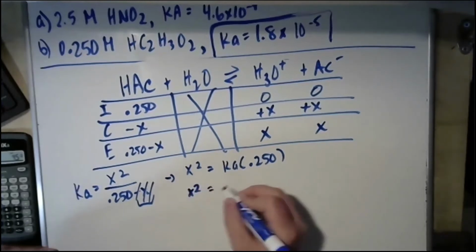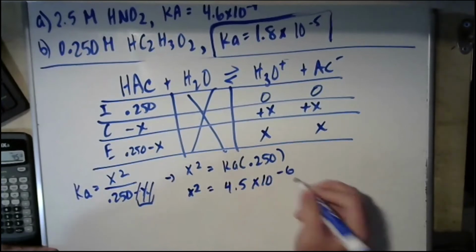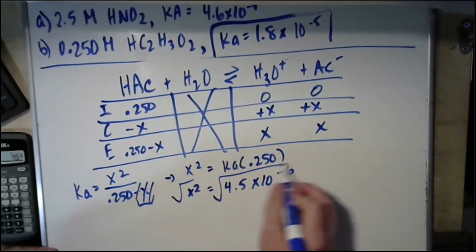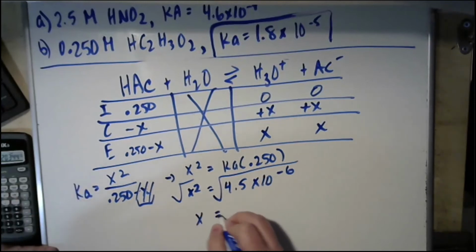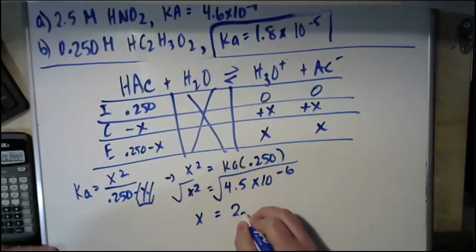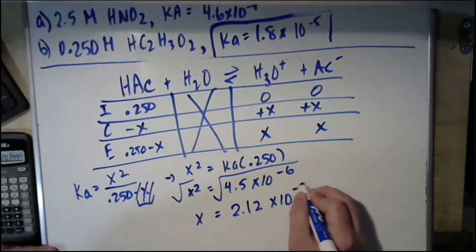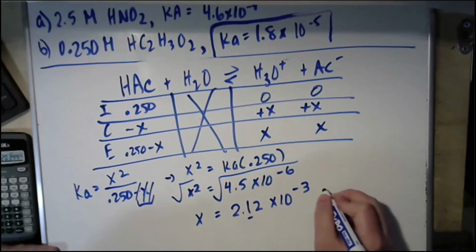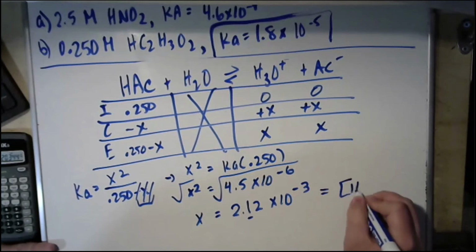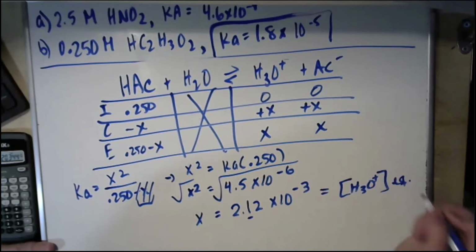My x squared value is going to be 4.5 times 10 to the negative 6. Take the square root of that. x will equal 2.12 times 10 to the negative 3. And remember that my x value represents my H3O plus concentration at equilibrium.